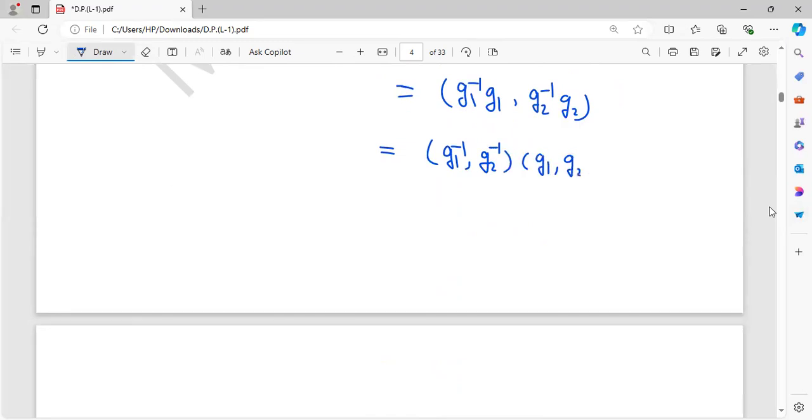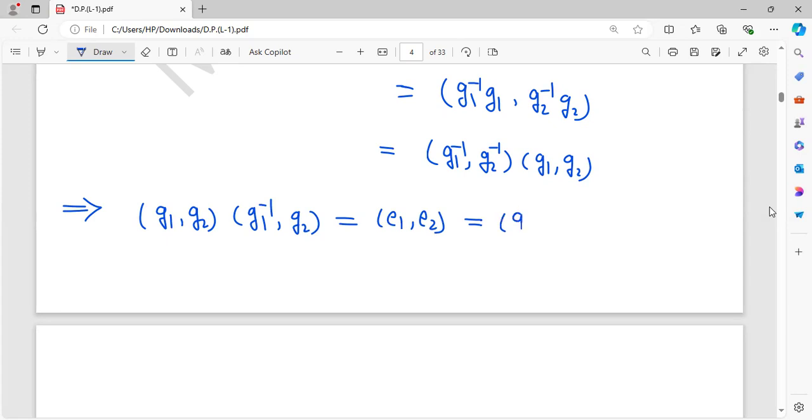So this implies (g1, g2)(g1 inverse, g2 inverse) is equal to (e1, e2), is equal to (g1 inverse, g2 inverse)(g1, g2).